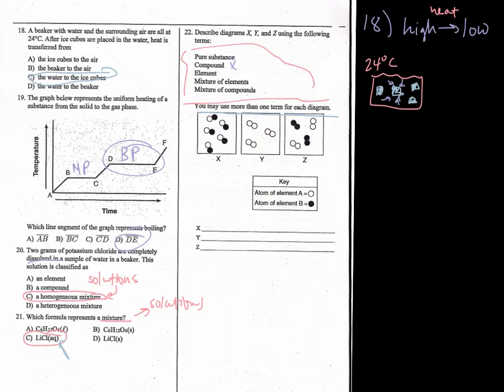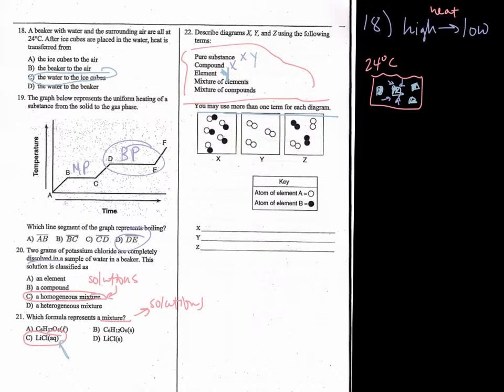And compounds happen to be pure substances. Okay, that's it. So letter Y. We got two white circles together, same element. It's not going to be a compound since it's the same element. So this time it's just element, which also happens to be a pure substance.